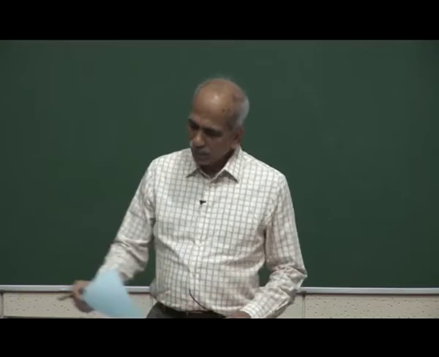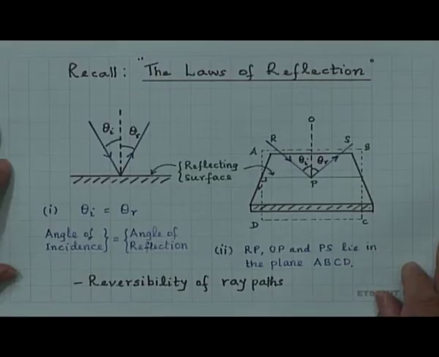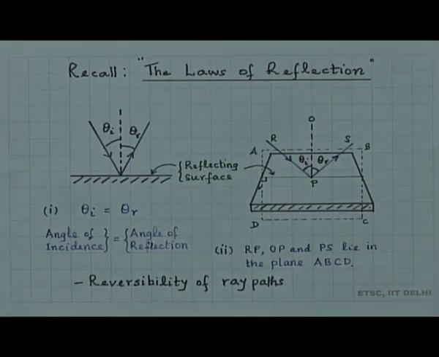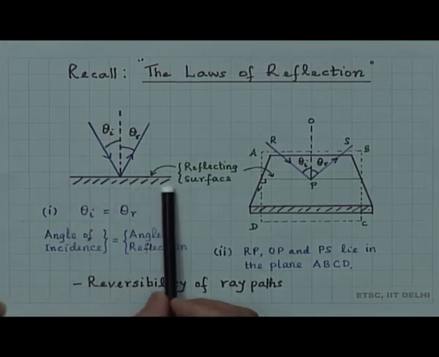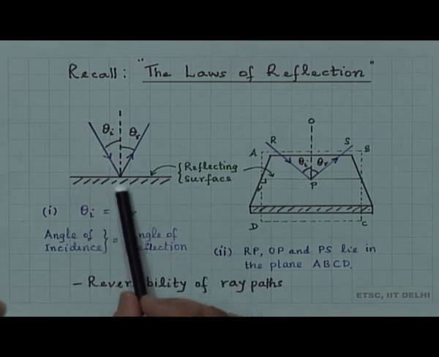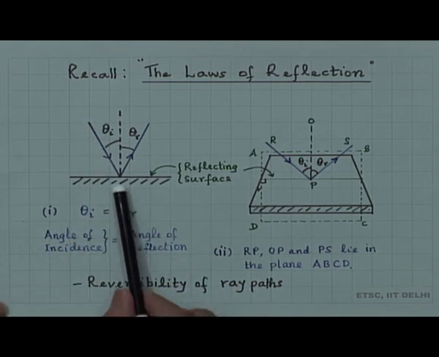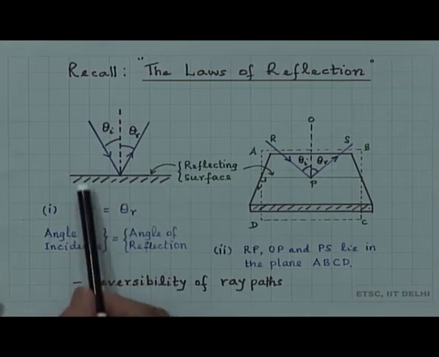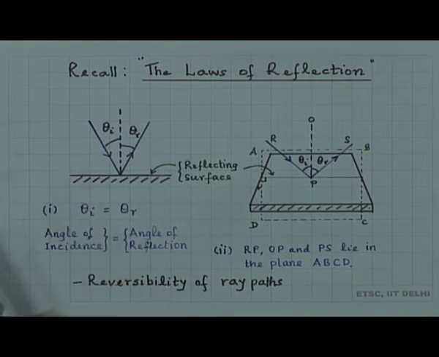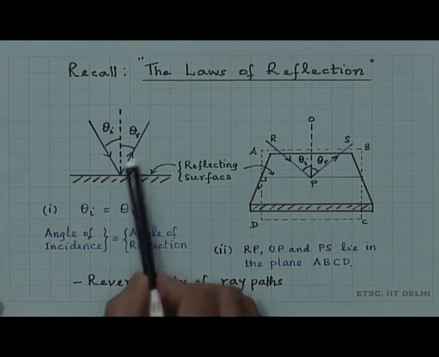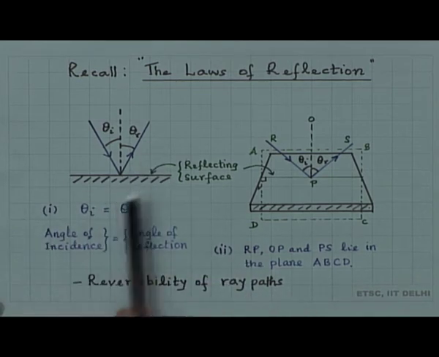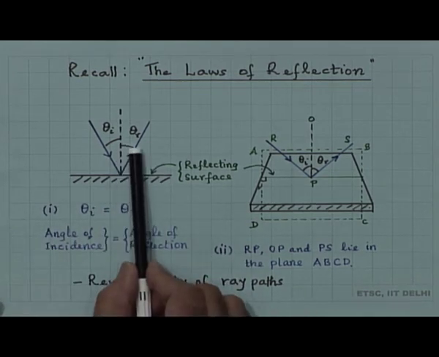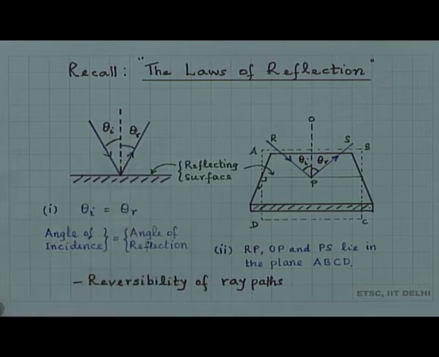So, first recall the laws of reflection. We know this is a plane mirror here. A ray of light incident on a plane mirror, or for that matter an interface between two media, is reflected in such a way that the angle of reflection is equal to the angle of incidence.